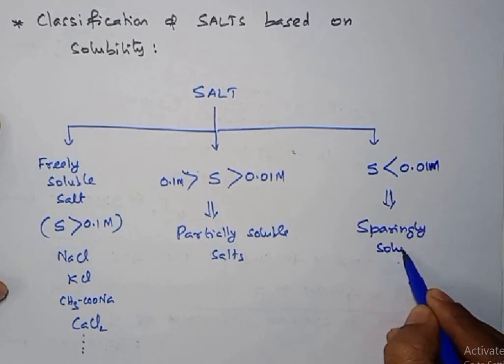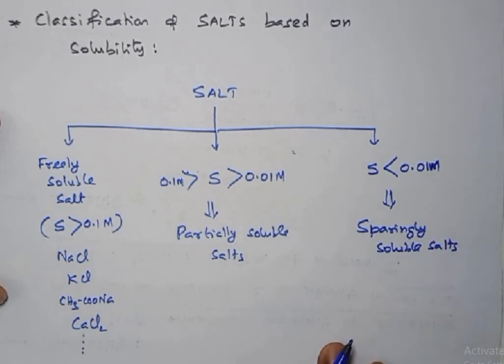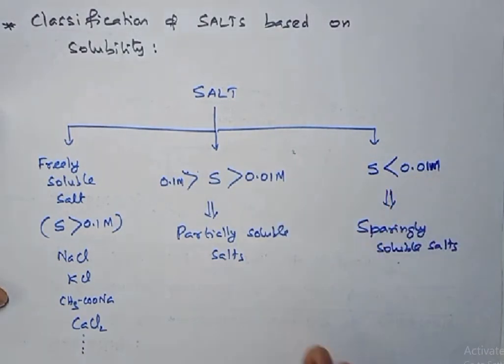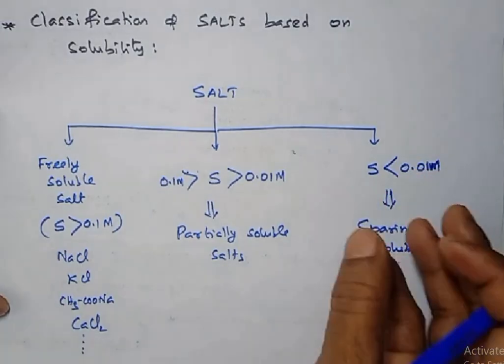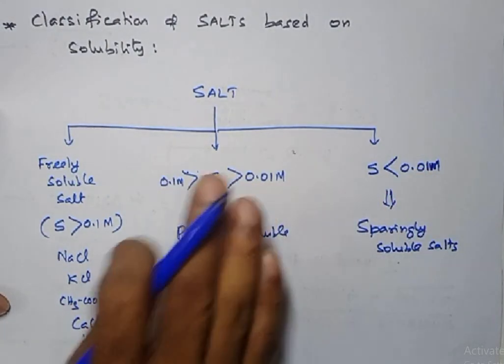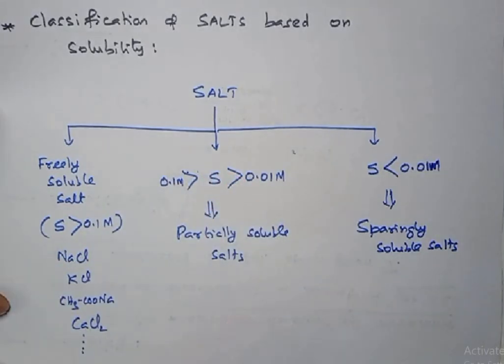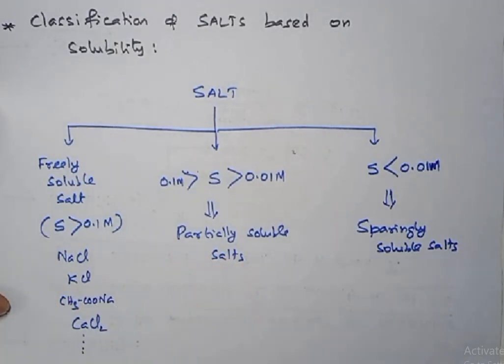Often, this type of salt is referred to as insoluble substances. We say that the salt is insoluble in water. But actually speaking, no salt is insoluble in water. Every salt has some extent of solubility in water.